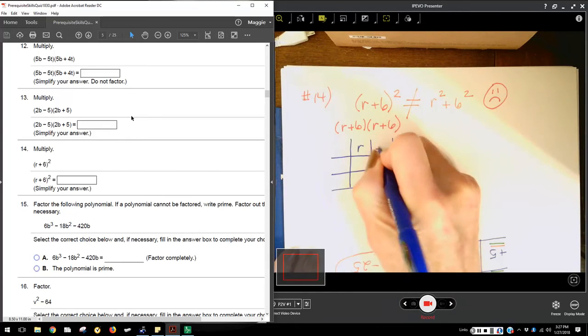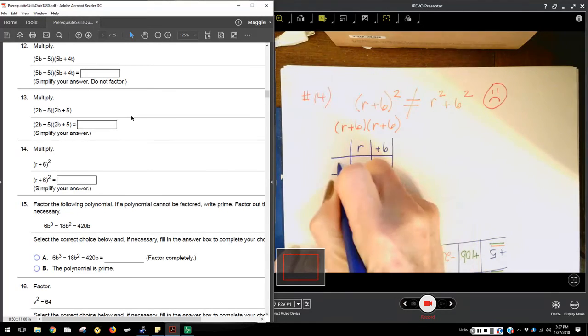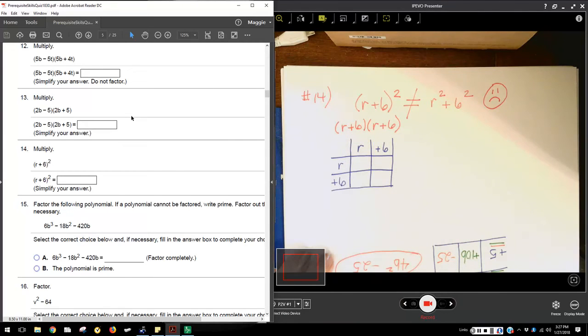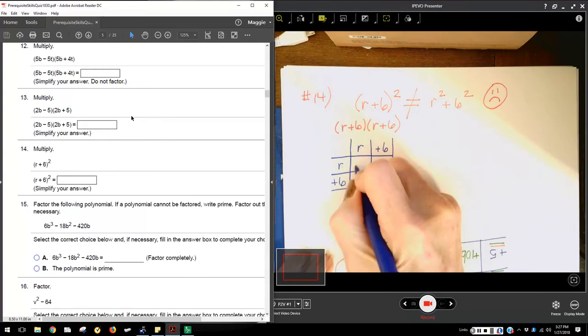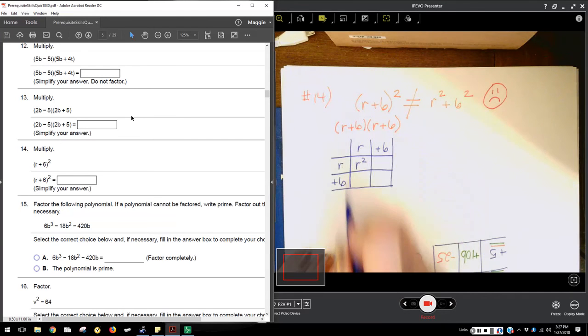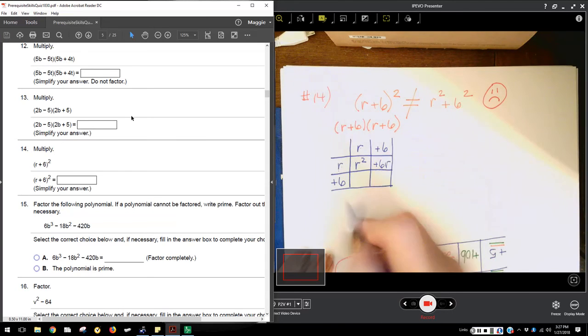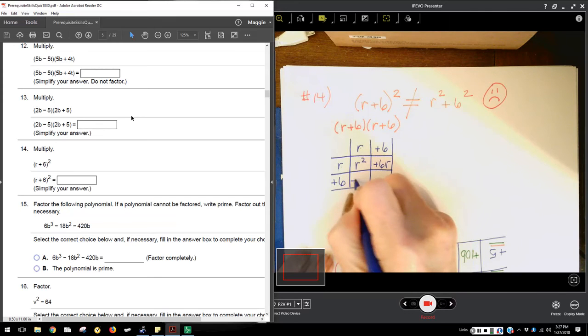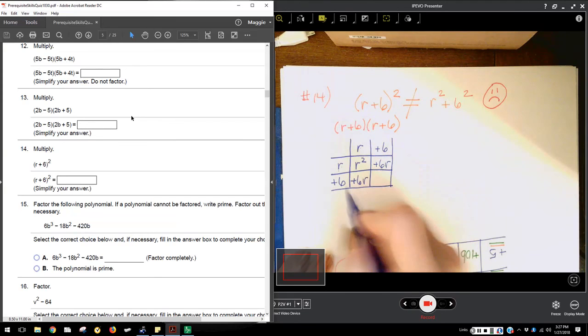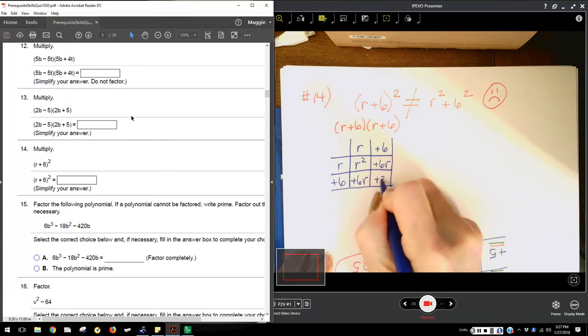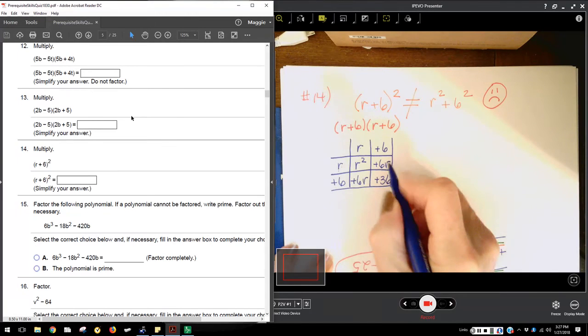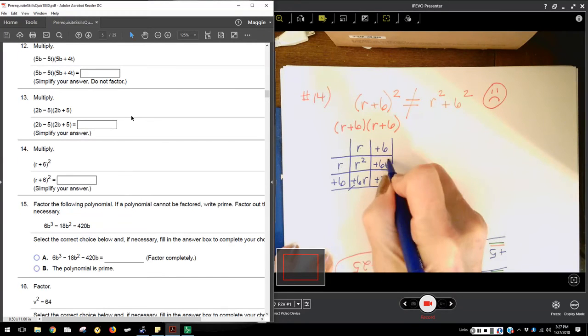R plus 6, r plus 6. R times r is r squared. R times 6, 6r. 6 times r, 6r. 6 times 6, 36. Here's your two middle terms.